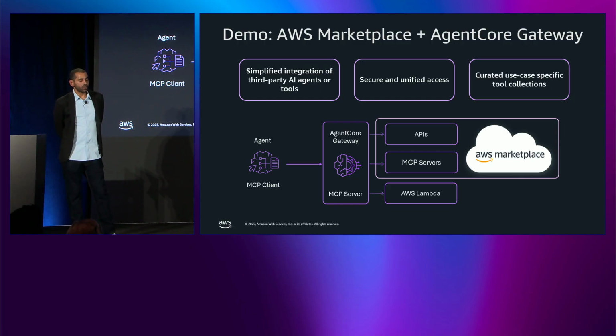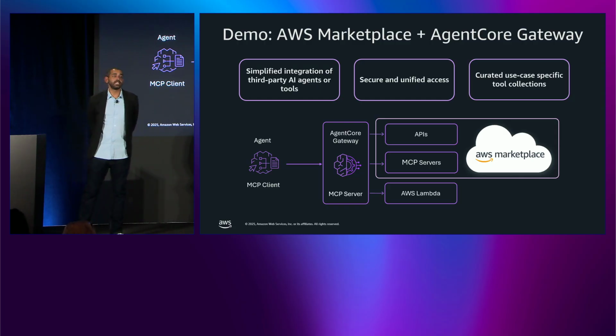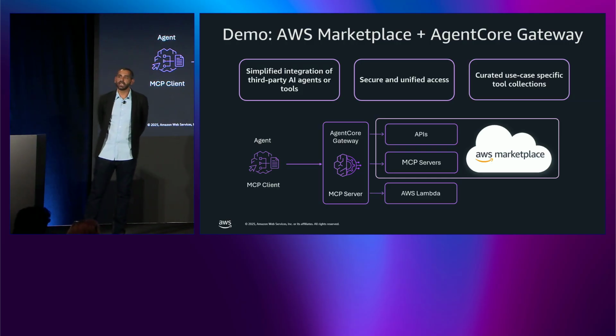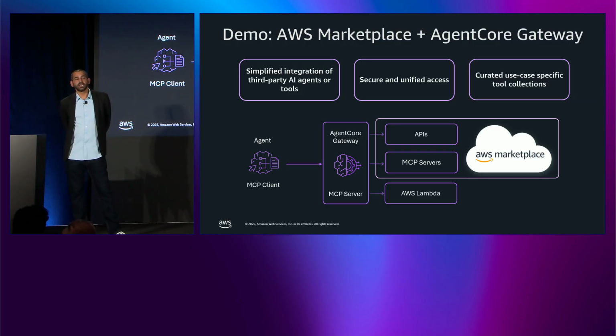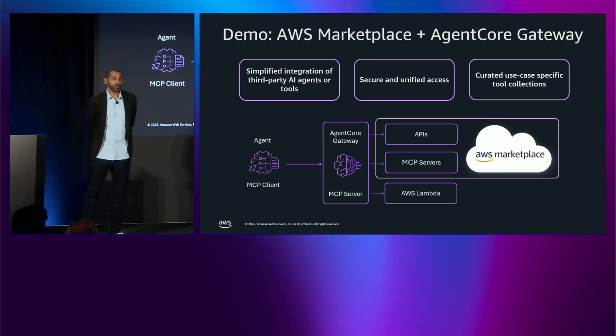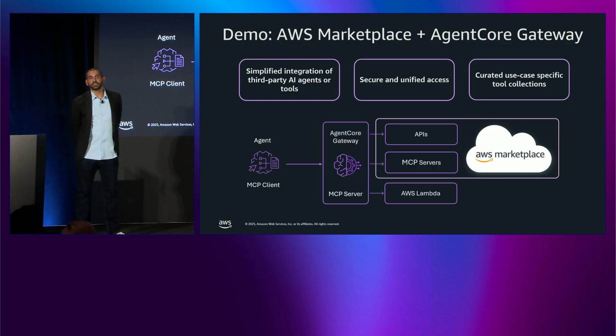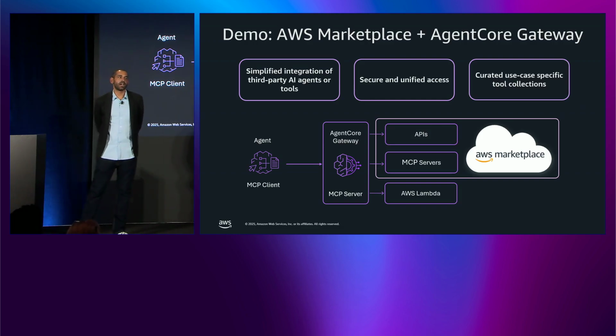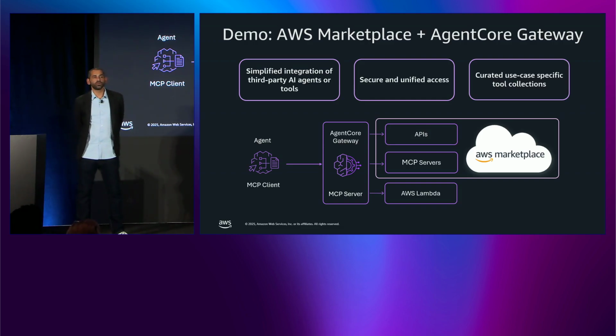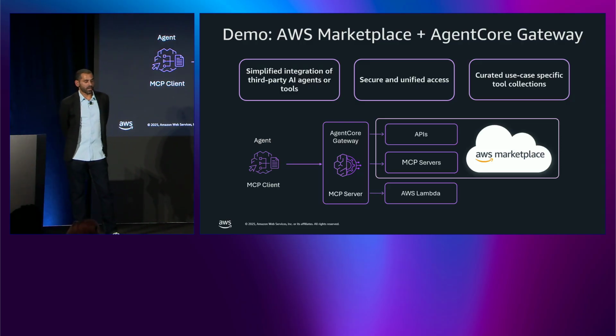And your agents, with Gateway, only need to connect to one MCP server, which is actually the gateway. And when they connect to that gateway, they get access to all of the underlying tools that exist within that gateway. And like I said, you can create tens of thousands of gateways, and for each gateway, you can select specific tools and create use case specific gateways so that specific agents have only the tools that they need.